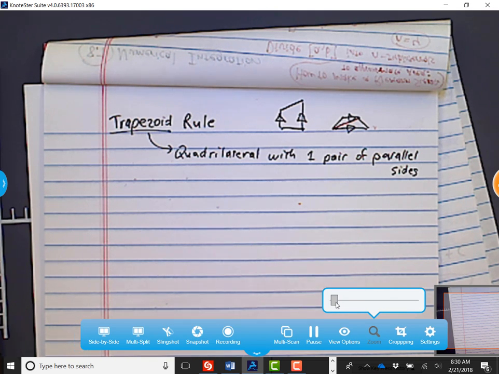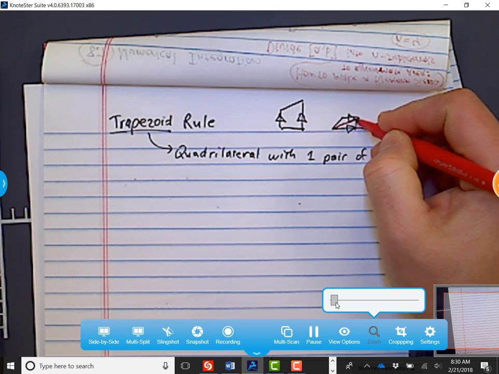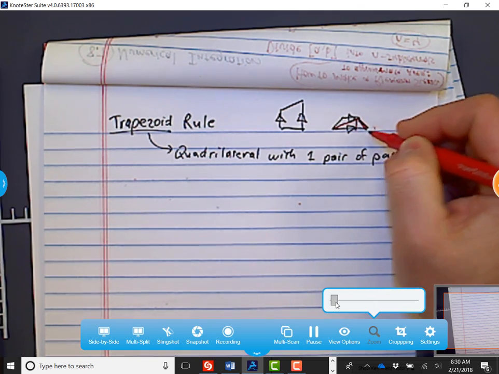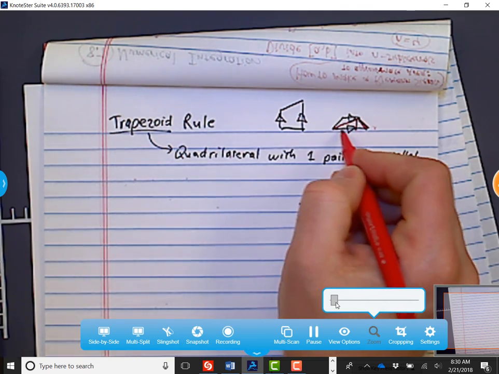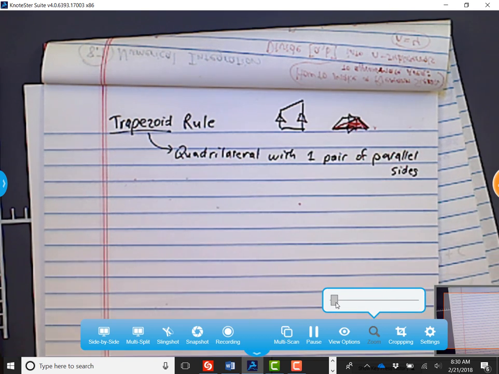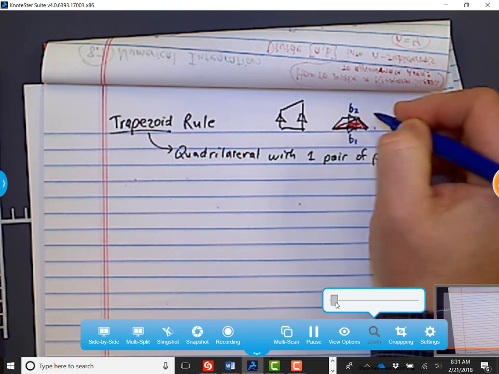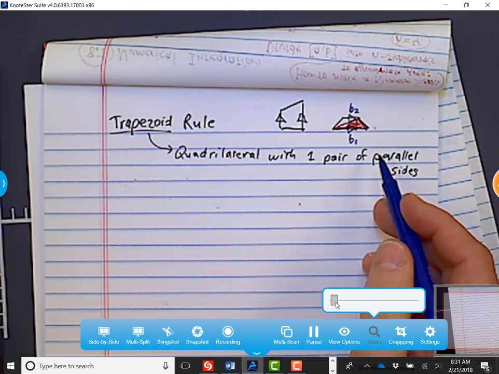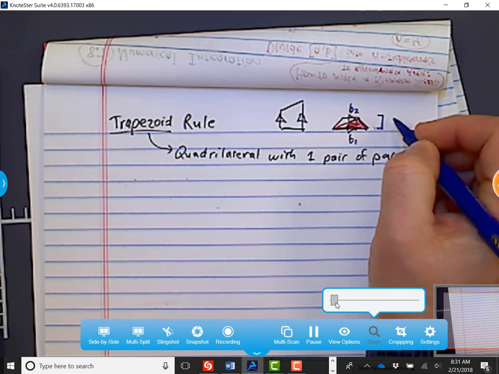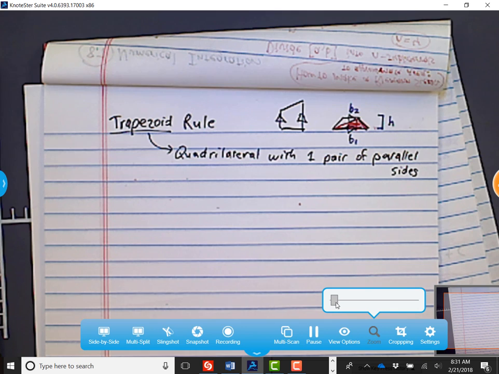And if you look, you could find the area of this bottom triangle here. It's 1/2 base times height. So what you do is you think of this as B1 and you think of this as B2. And you notice that each triangle has the same height. Okay?